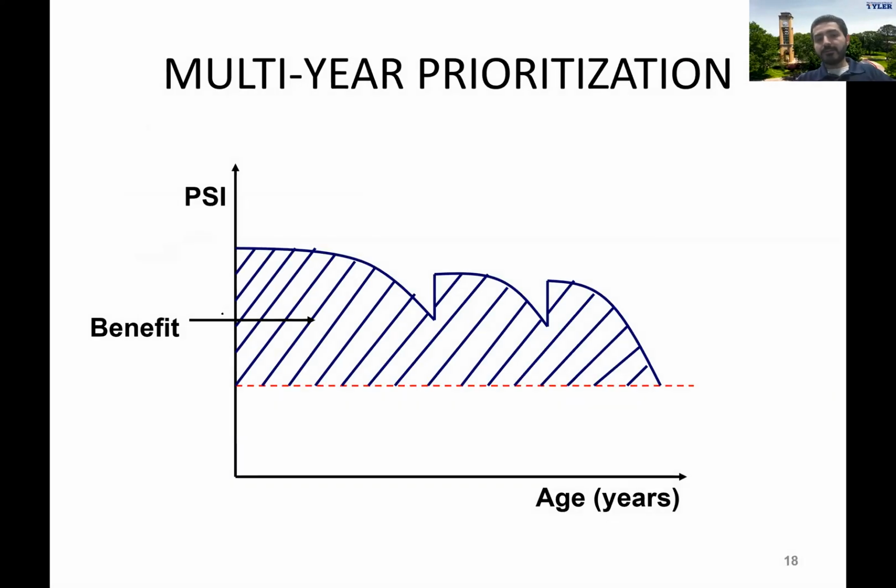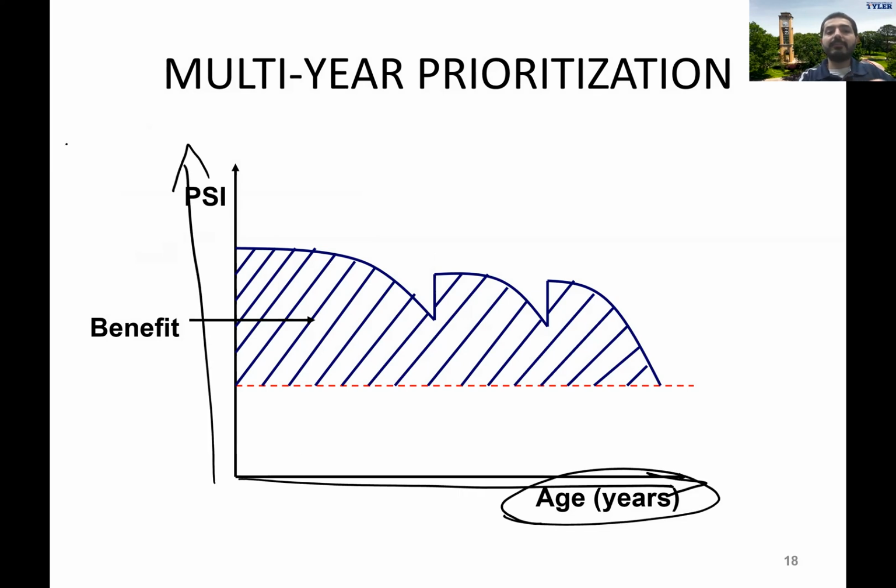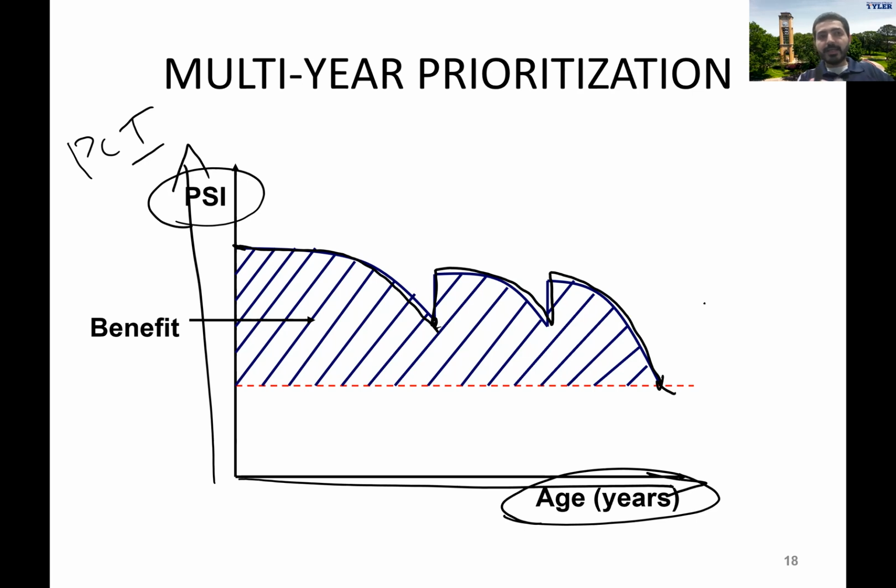So this is what I was trying to explain to you. If I plot on the x-axis the age in years, and on the y-axis the PCI, the pavement condition index, out of 100, or it can be the pavement serviceability index on a scale of 5, regardless. Now you're looking at a brand new section. It's going to go down a certain amount after certain years, and then I'm going to apply one treatment and a second treatment, and here the life of the pavement is going to reach its terminal life.